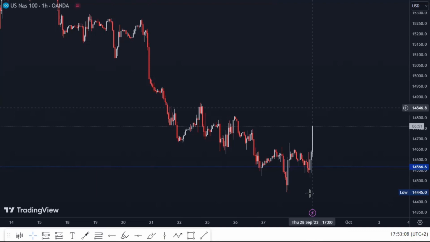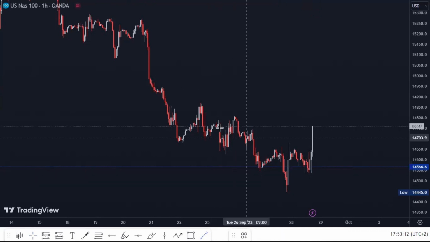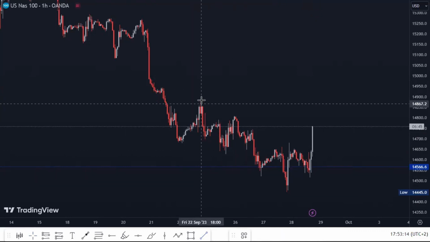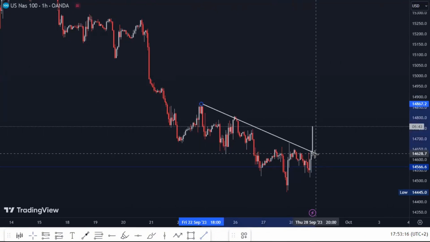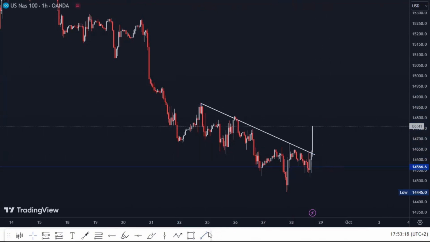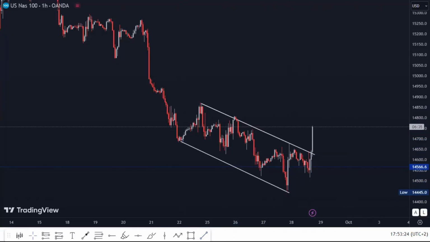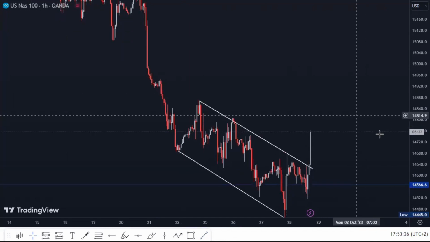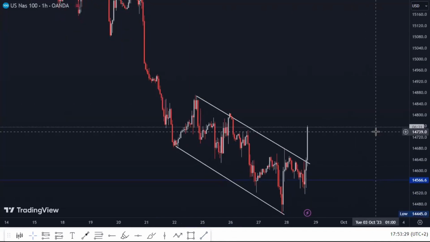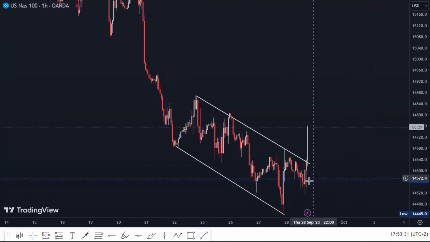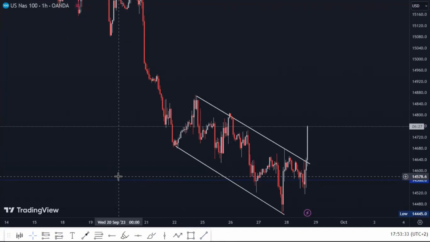So another thing here, the market formed a pattern like this. You can see that the market formed a type of falling channel right here. So I was able to identify this falling channel. That's evidence number 3. Evidence number 1, it was on a point of interest.